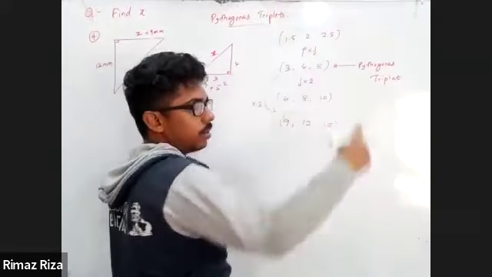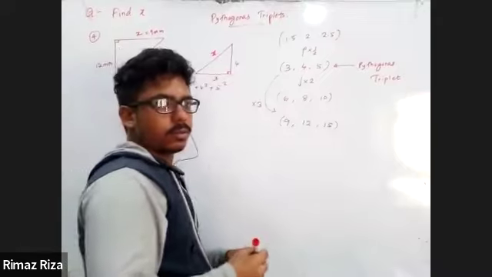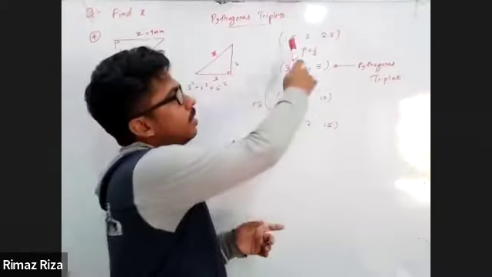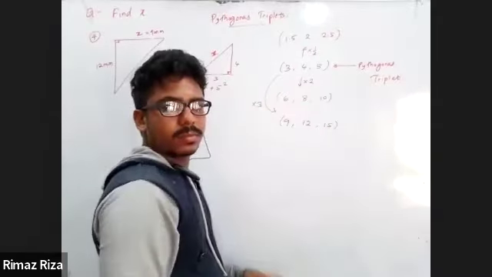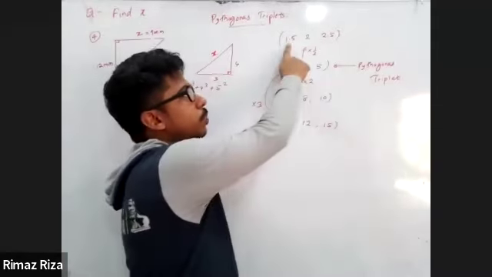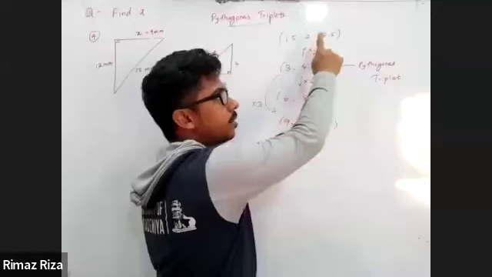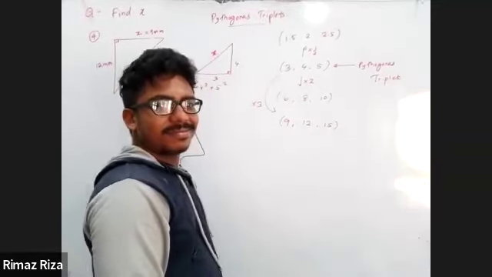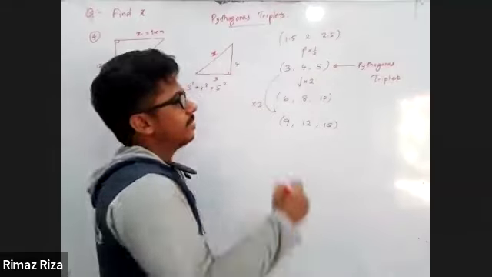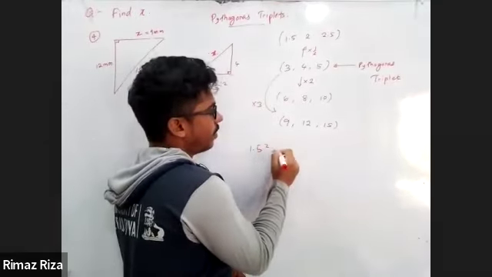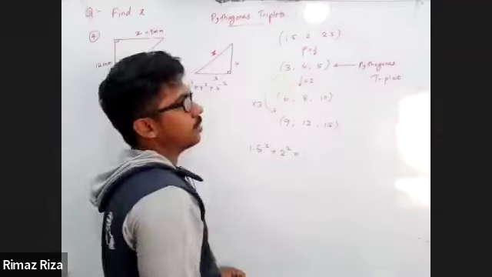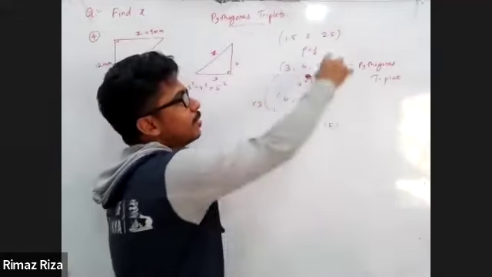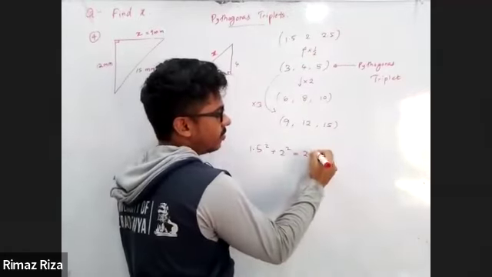1.5 squared plus 2 squared is equal to what? 2.5 squared.